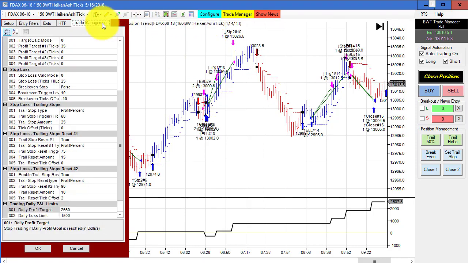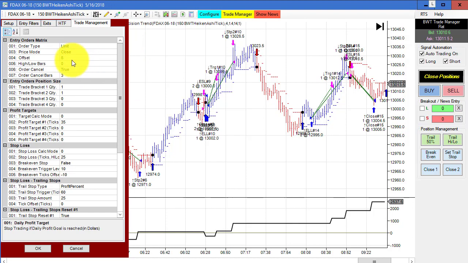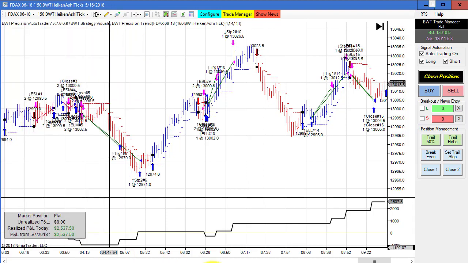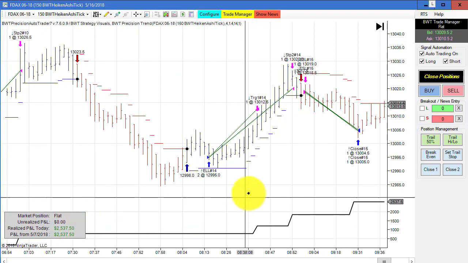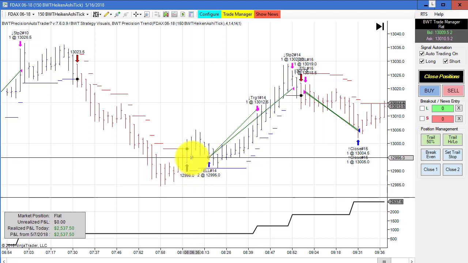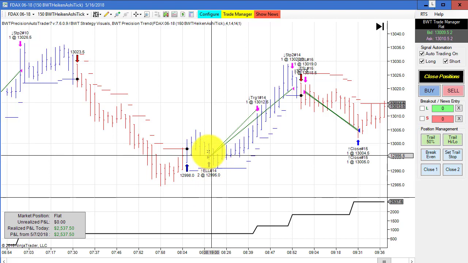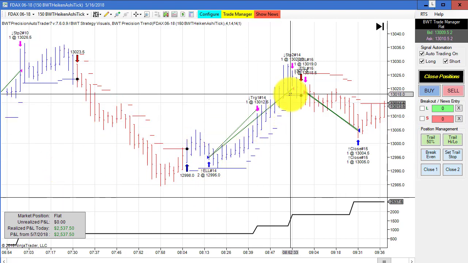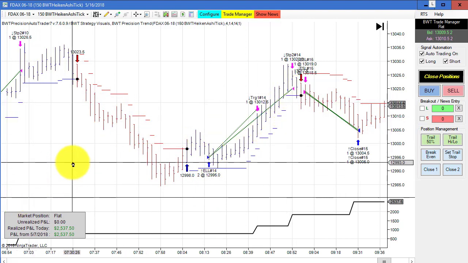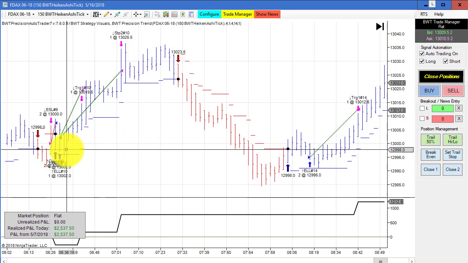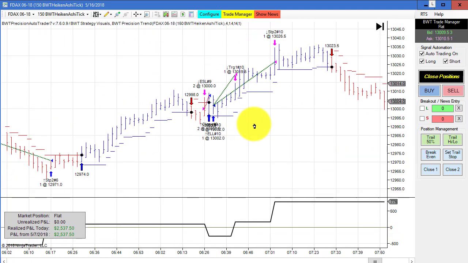For example, on the DAX on the 150 tick, we have a limit order with an 8 tick pullback, and if you look at the chart here, you can see the trades are a pullback from the close of the bar, and we get our fill in every instance. The trade is mid-bar. Rarely do we have a trade that's at the high or low of the bar.